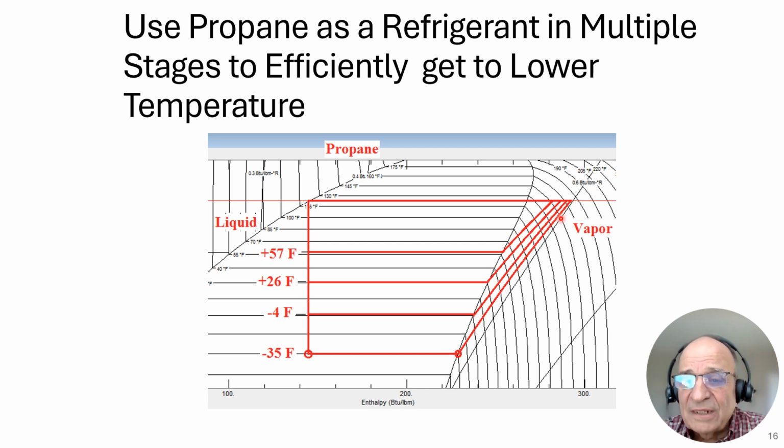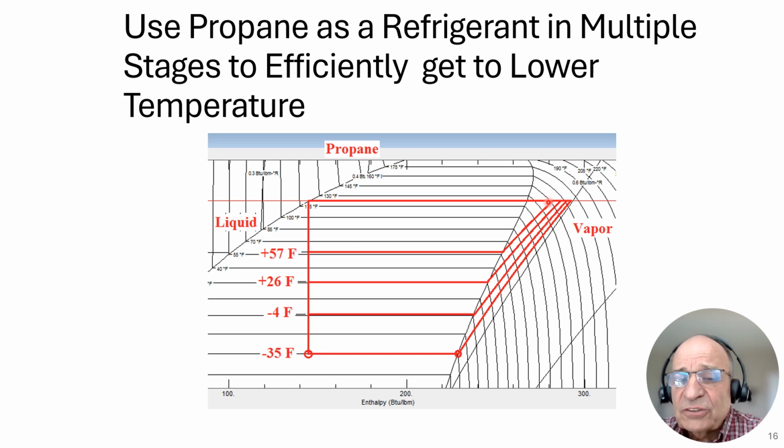It could go up in pressure, go through the aftercooler and extract heat from the propane, then go all the way down to this pressure here, which is about 18 psi absolute, and come across, removing heat from the fluid that we want to cool down, and then come back up here. But it's a very inefficient process because you're taking out all this refrigeration in a single stage.